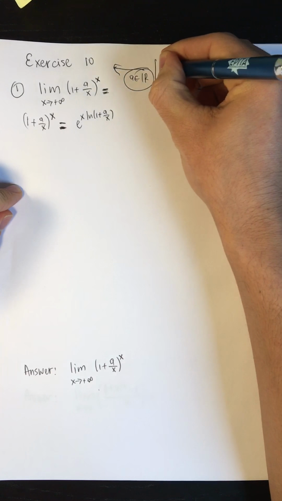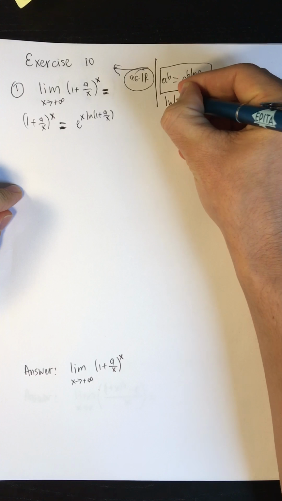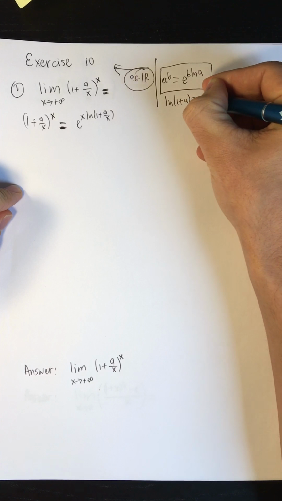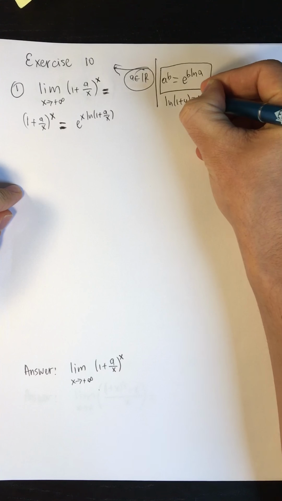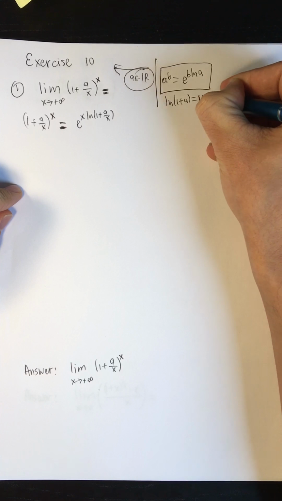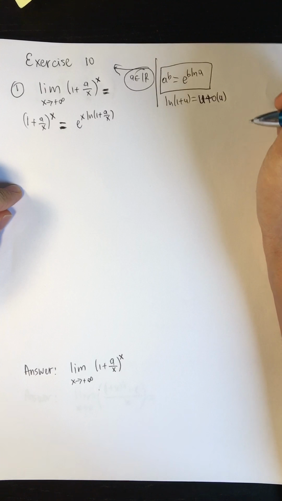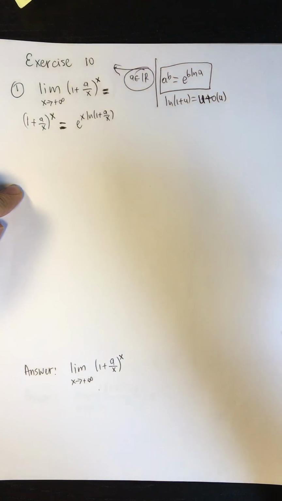So I use this formula, and I'm mentioning this formula as well because I'll use this: ln(1 plus u) equals u plus o(u). Okay, can you see it? Yes, I will focus it.